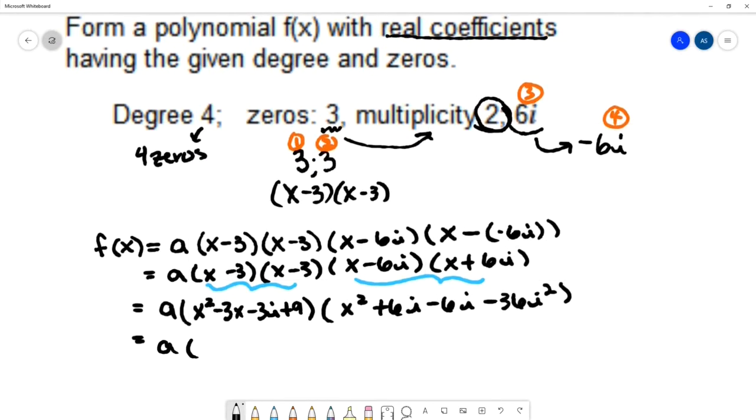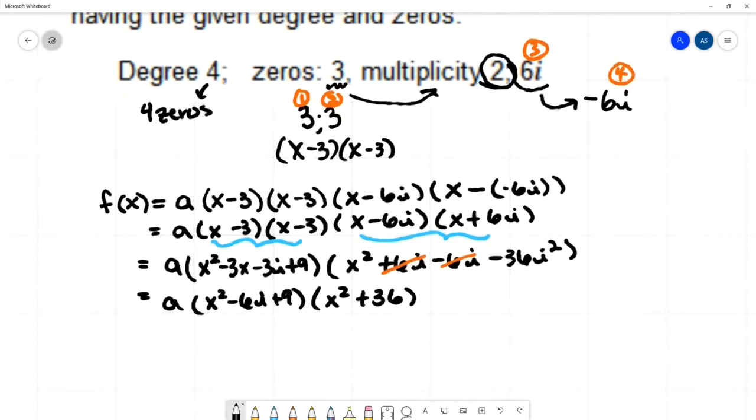And x squared, these middle two are opposites, so they zero out. And that becomes a plus 36 because i squared is negative 1, and negative 1 times a negative 36 would be a positive 36.